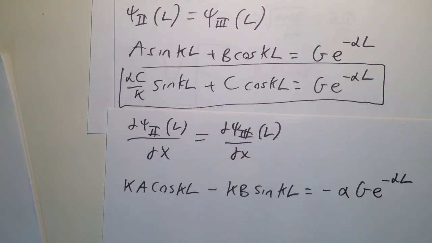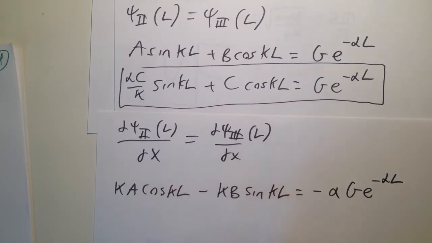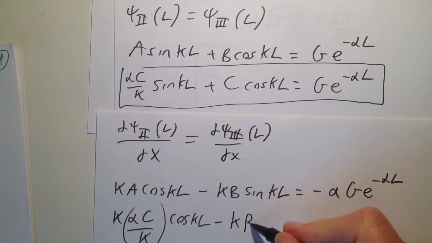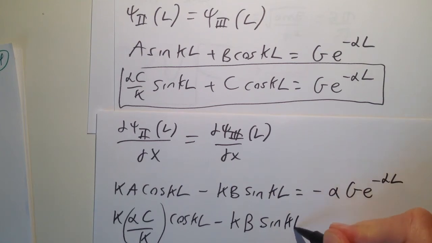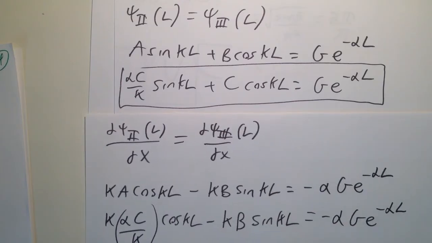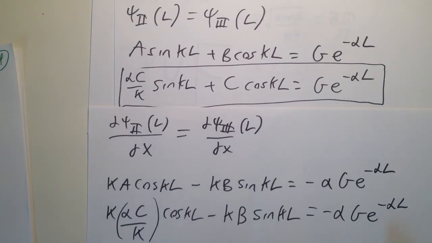Okay, and once again I can get rid of a and b in this equation because I know that a is equal to alpha c over k, and I know b is equal to c. And I'm just going to divide both sides by minus alpha.